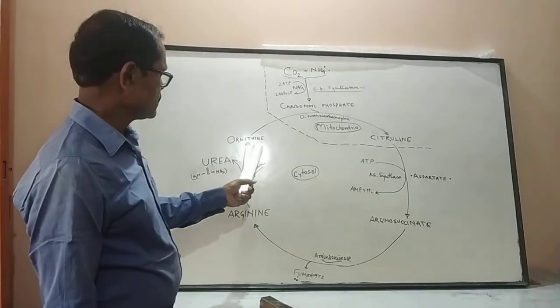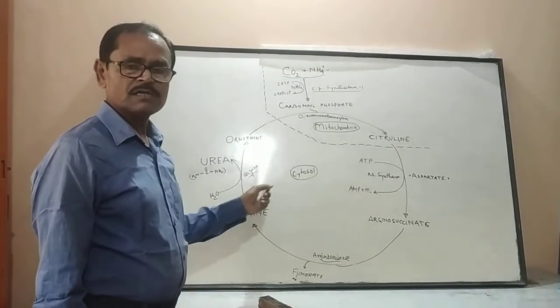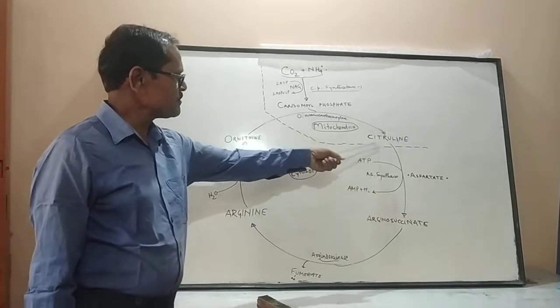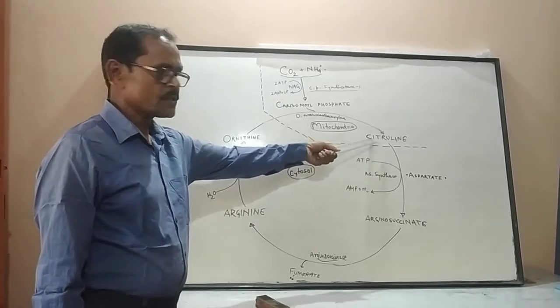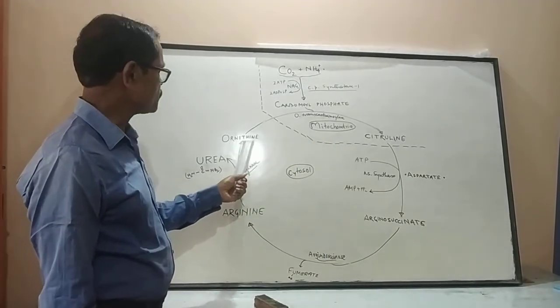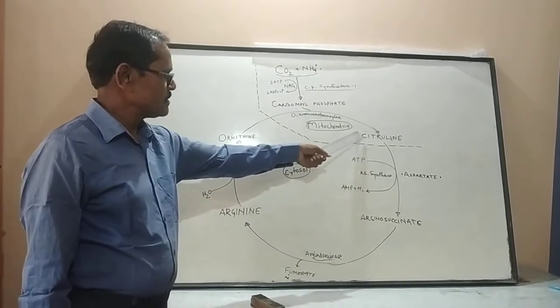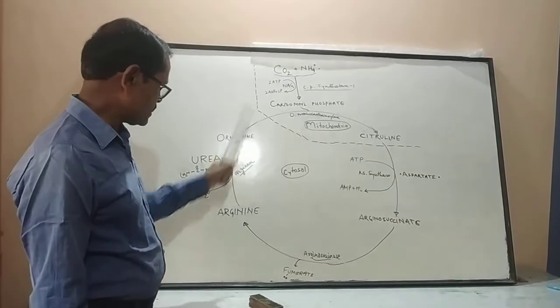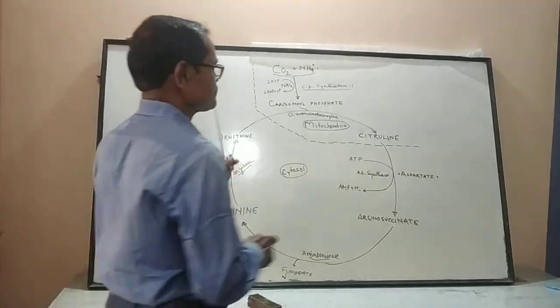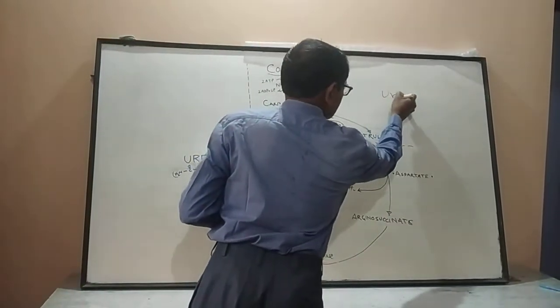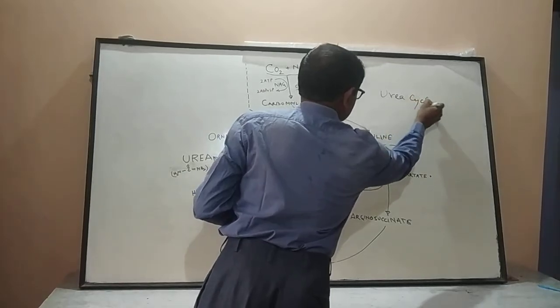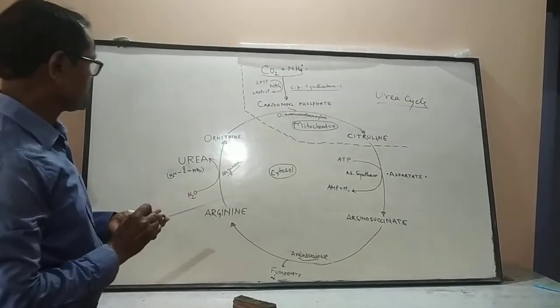Citrulline is formed with the help of ornithine, because ornithine and carbamoyl phosphate combine to give citrulline. That's why the urea cycle is also known as the ornithine cycle.